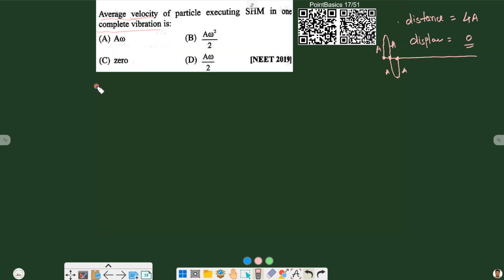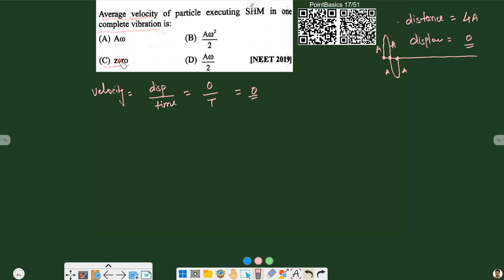And we know that velocity is equal to displacement by time. So displacement is 0, time is equal to 1 time period, so velocity will be 0, or average velocity is 0.